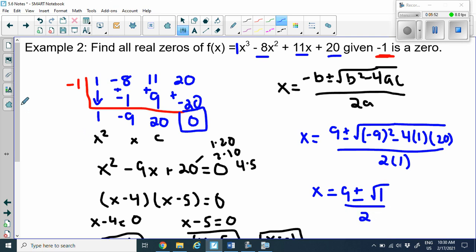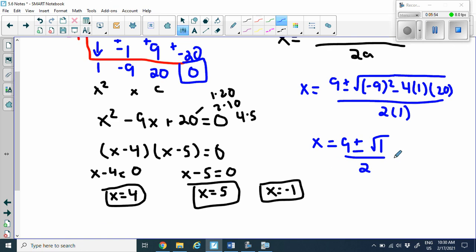Now we know the square root of 1 is 1, right? So this is now 9 plus or minus 1 over 2. Now we basically combine all of this. I have x equals 9 plus 1 over 2, and then the other one, 9 minus 1 over 2.